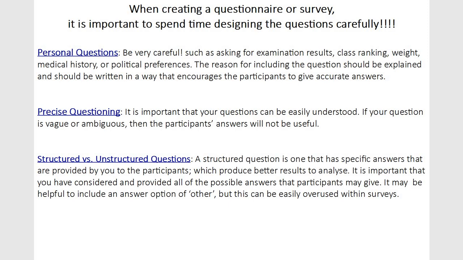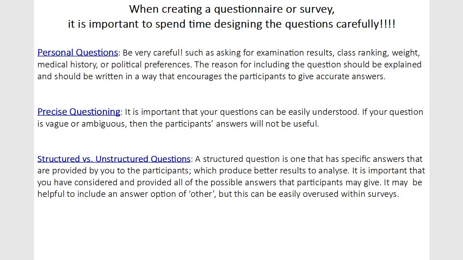Okay, so it is super important that your questions are very well written. Okay? When you do personal questions, be very, very careful. Okay? Because people don't like to give out their personal information. So make sure you explain why.